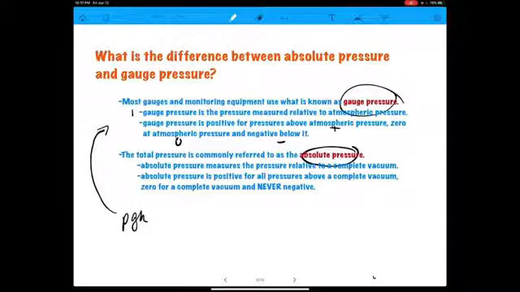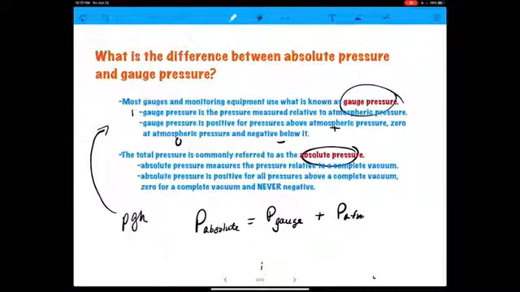This can all be summed into a relationship between the absolute pressure, the gauge pressure, and the atmospheric pressure constant: absolute pressure equals gauge pressure plus atmospheric pressure.